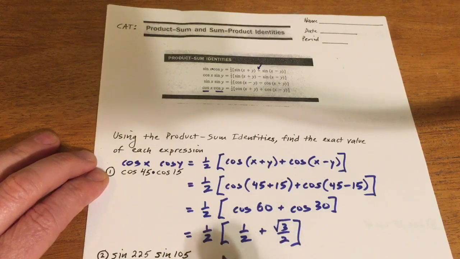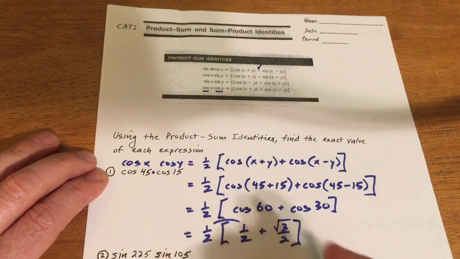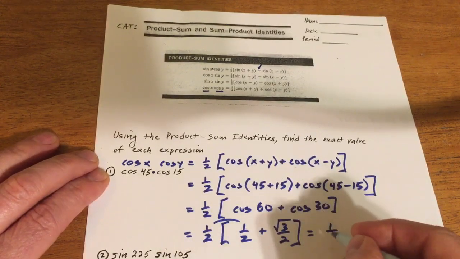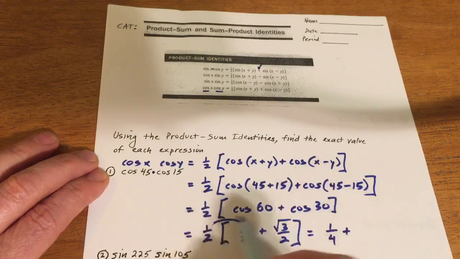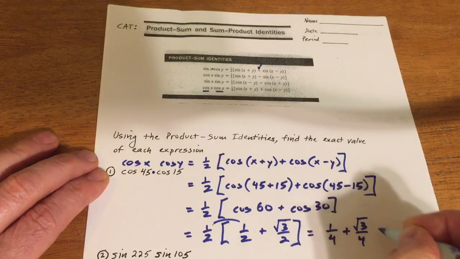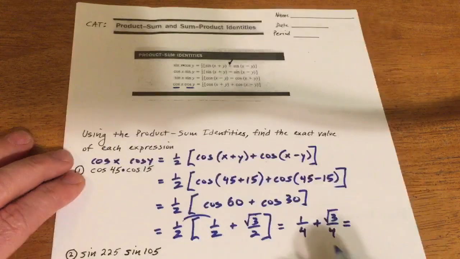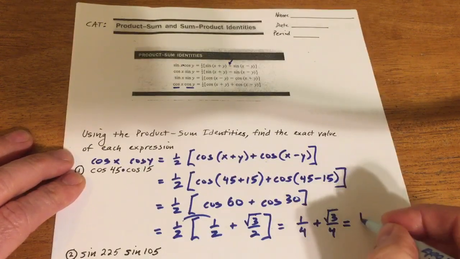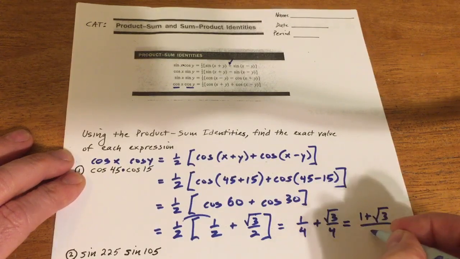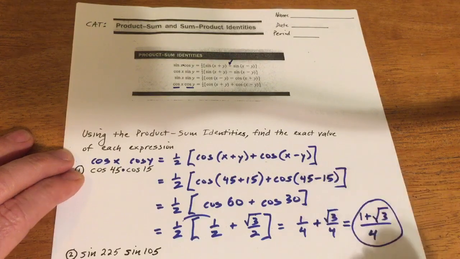When we distribute, we're going to end up just multiplying the fractions together, giving us 1 over 4 plus square root of 3 over 4. But here we already have a common denominator, so let's combine: 1 plus square root of 3, denominator stays the same. And that would be the exact value of the product.